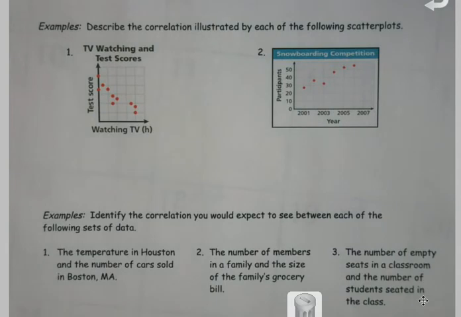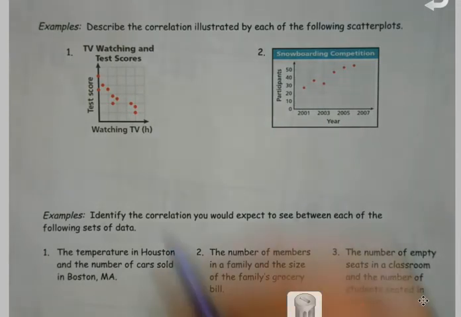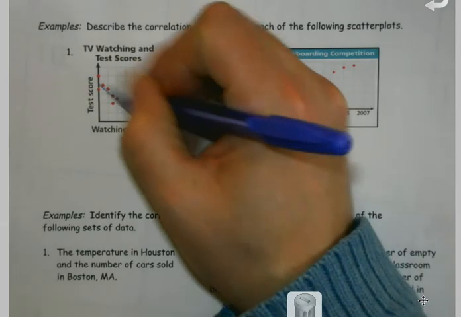Okay, if I tried to draw a line into the middle of that first one, test scores and watching TV, is there a type of correlation with those? Could I draw a line that would be close to being right in the middle of all that data? What do you think? Yeah, which direction's it going this time? Looks like it's going downward.